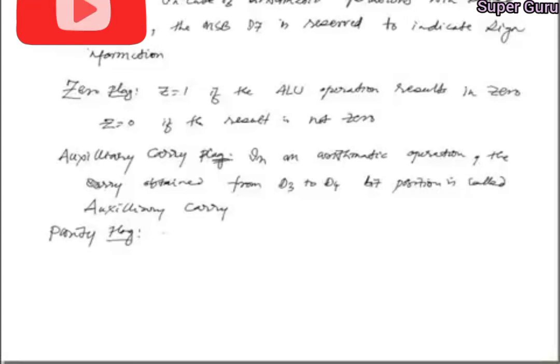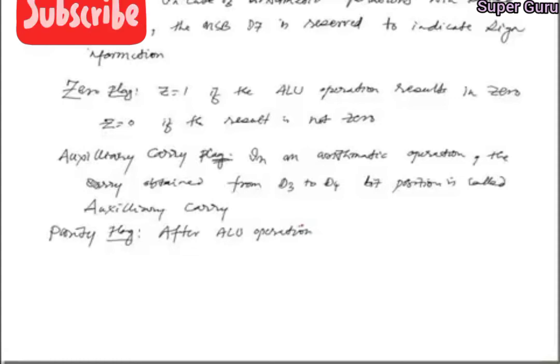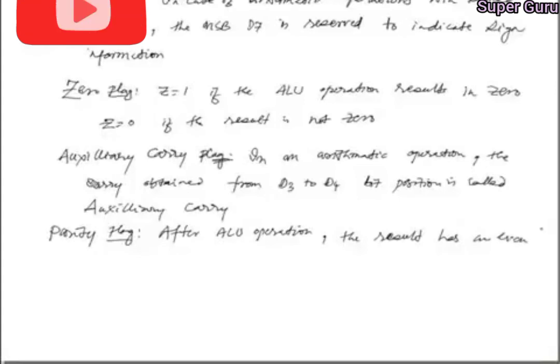After an ALU operation, if the result has an even number of ones, then P equal to 1.